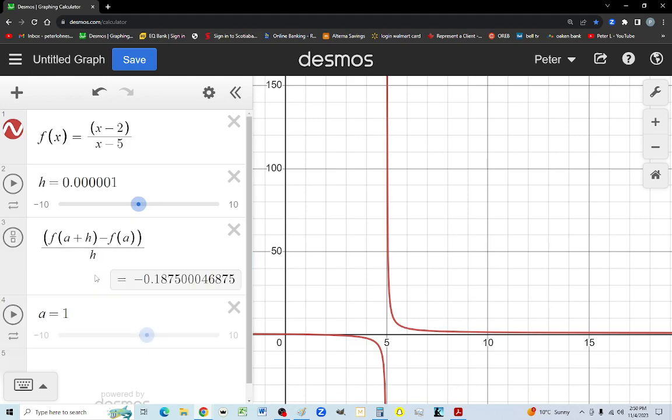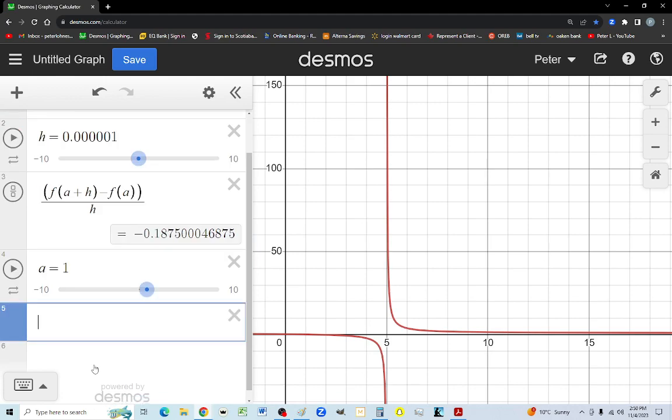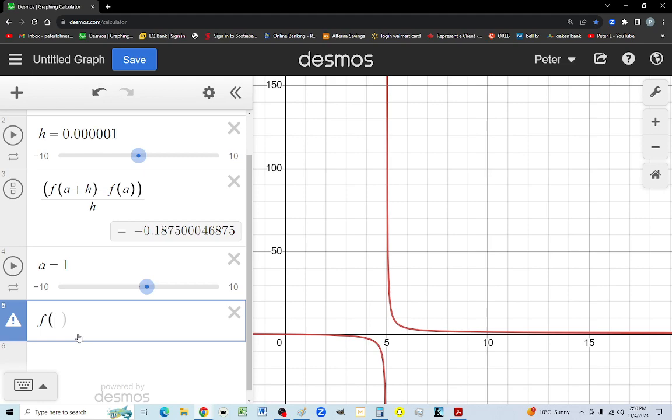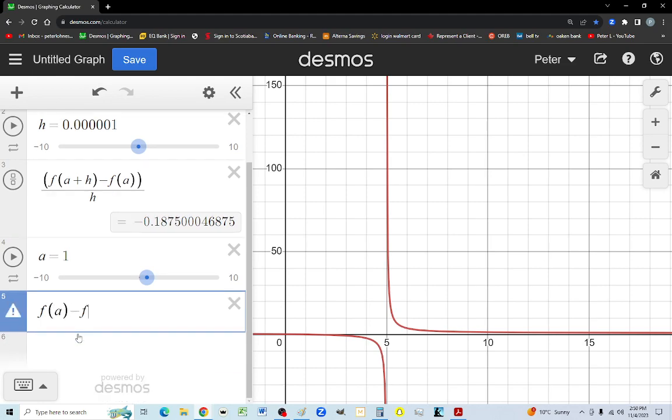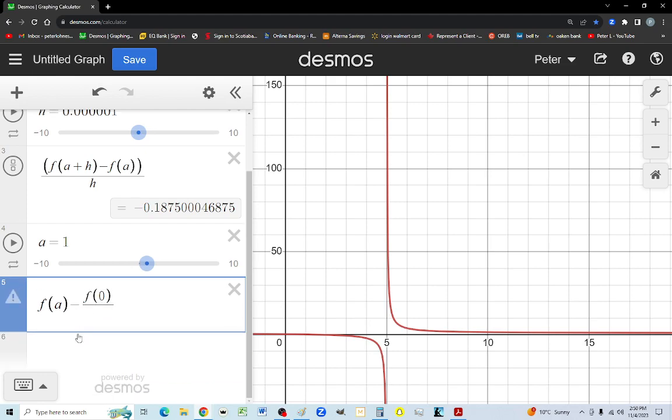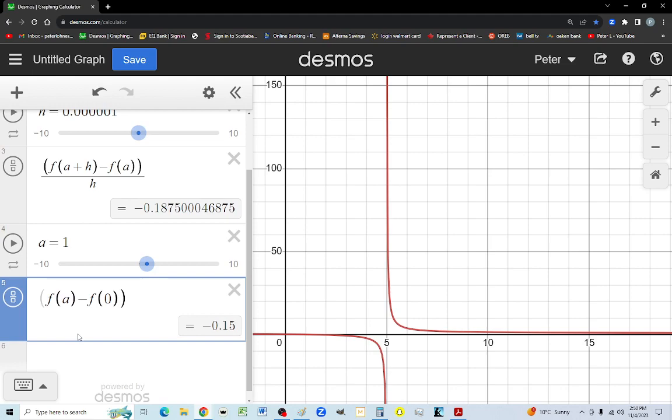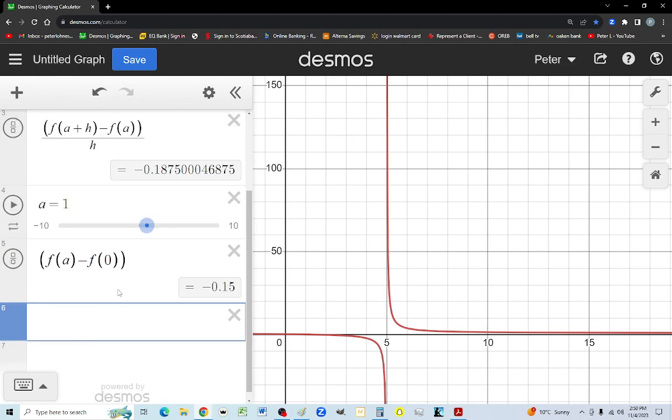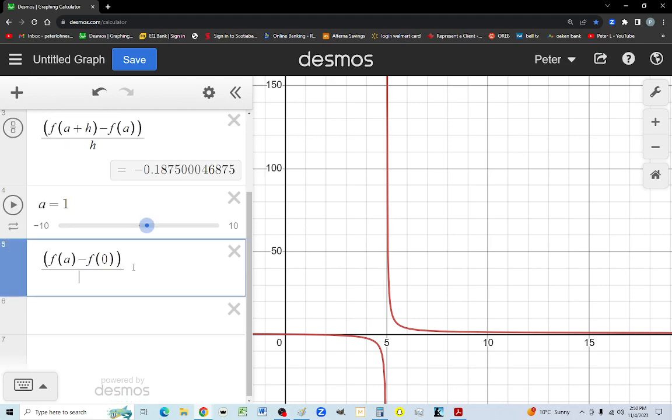we're going to add a slider. And we're going to ask ourselves, when is that going to match f of a minus f of 0 divided by a minus 0.